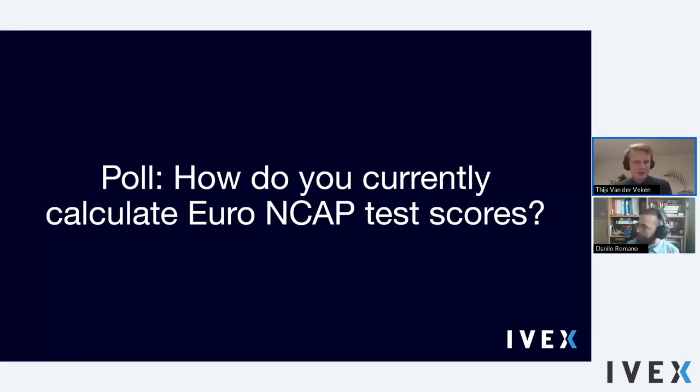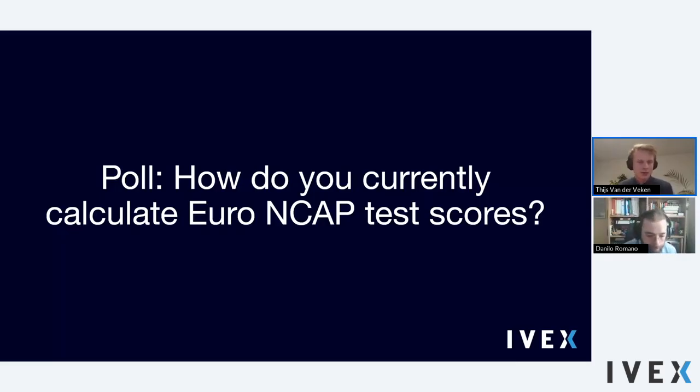Yes, so normally you should now be able to see a poll on your screen, and you have 4 options to choose from. You have Euro NCAP Excel spreadsheets, some custom in-house tools that you may have, other commercial software that you use in order to compute the score, or any other solution. I see votes are still coming in, so I will give you just a few more seconds until I publish the result.